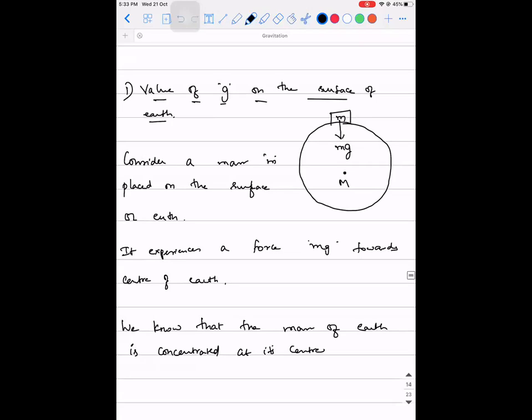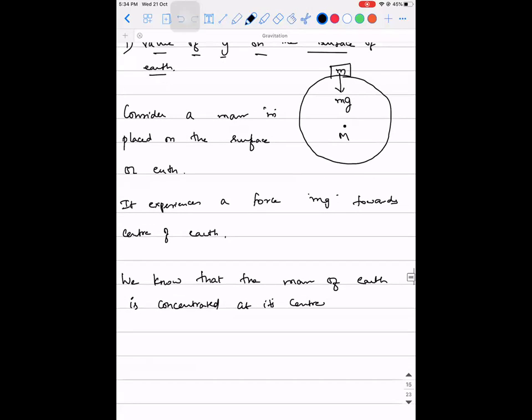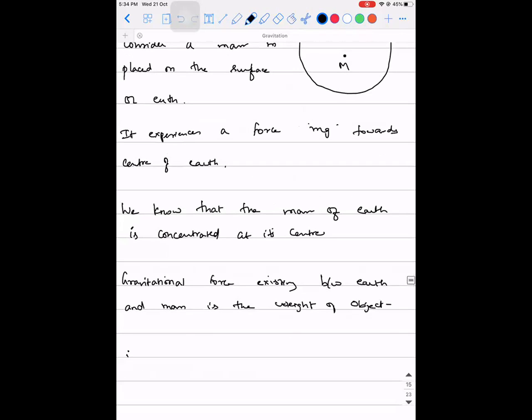So from this, what I'm going to conclude is the gravitational force existing between Earth and mass m is the weight of the object.